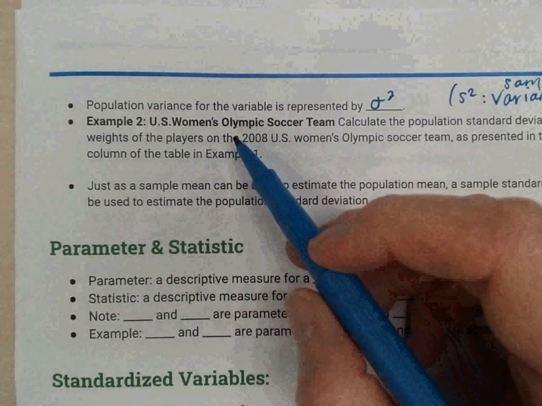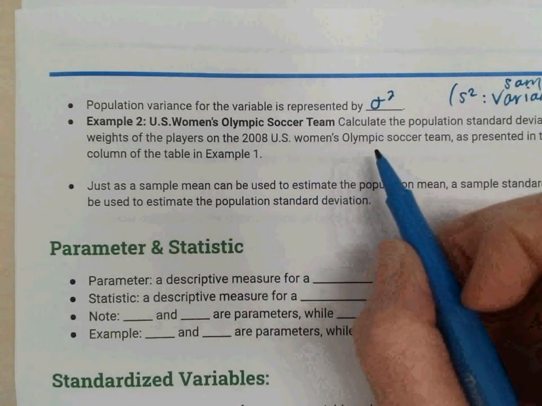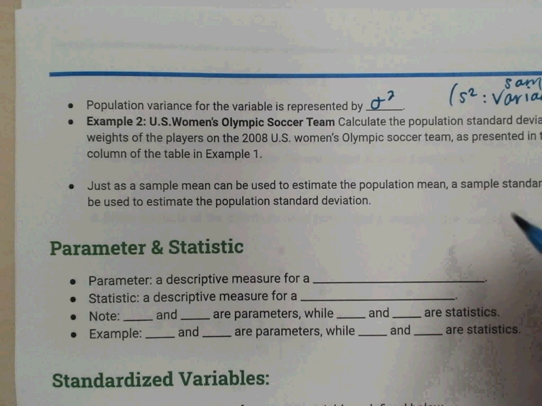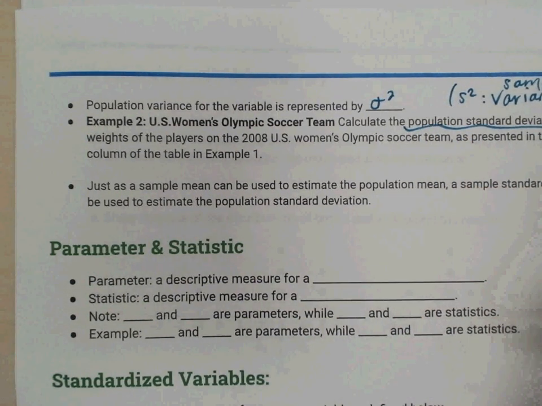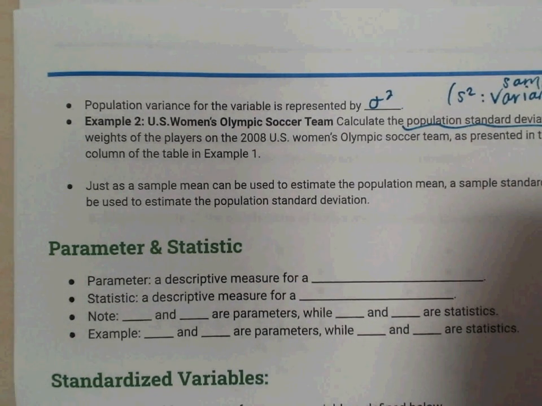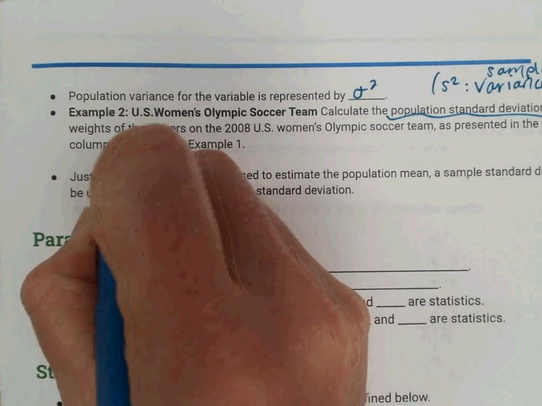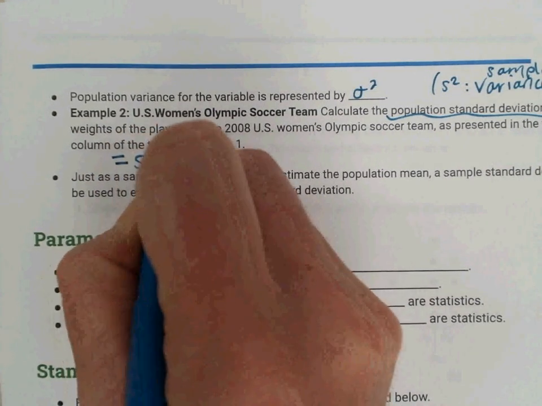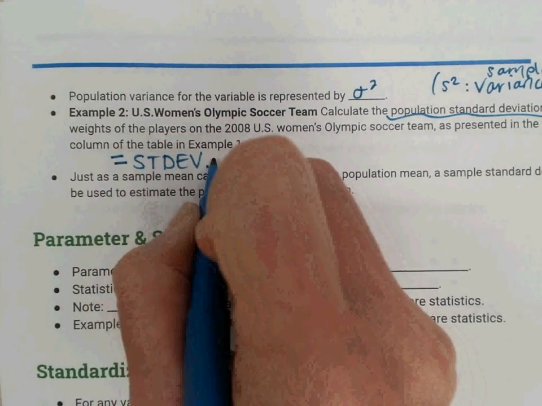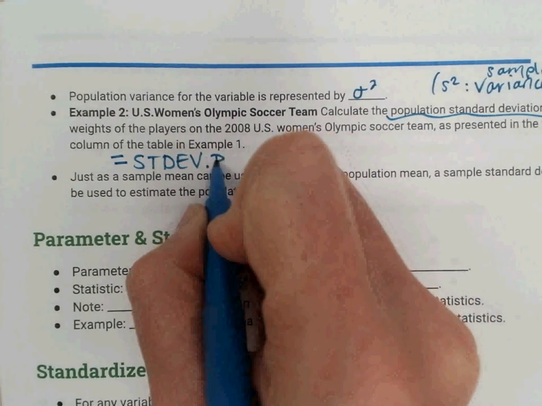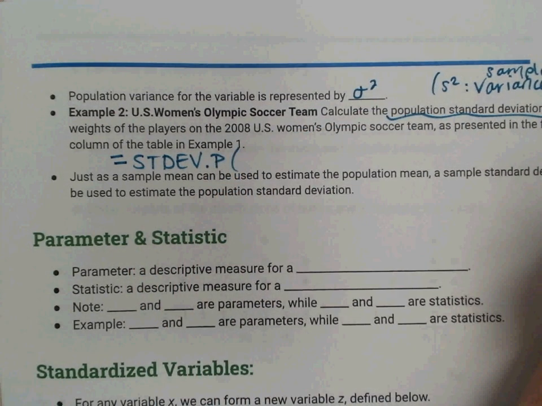Same idea. So our second example is using the U.S. Women's Olympic Soccer Team, calculate the population standard deviation. Same data, we're just going to do the population standard deviation this time. And for that one, we would definitely want to use our Google Sheets, and we'll use the formula equals STDEV, but instead of .S for sample, we'll use .P.